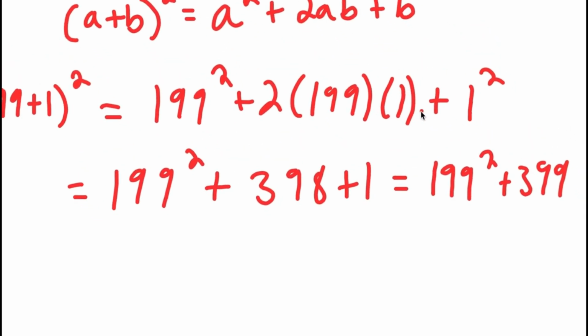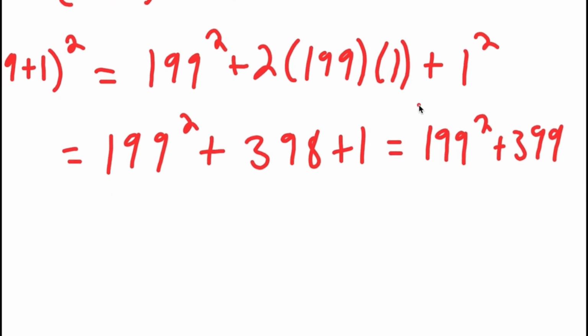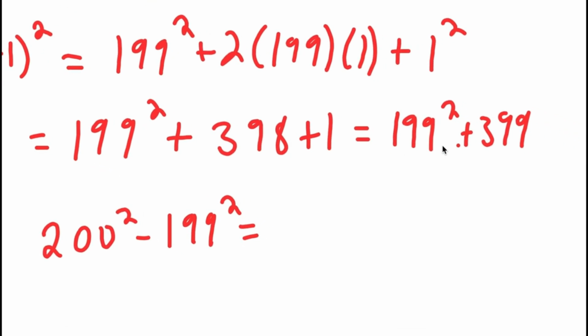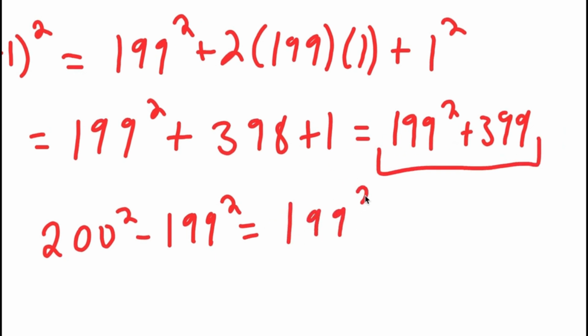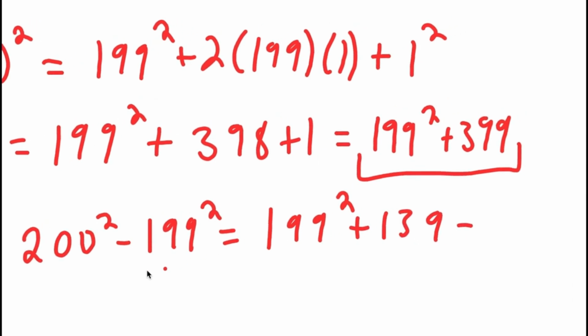So this means that 200 squared minus 199 squared is equal to, well, this right here is 200 squared. So 199 squared plus 139. And now I have this minus 199 squared.